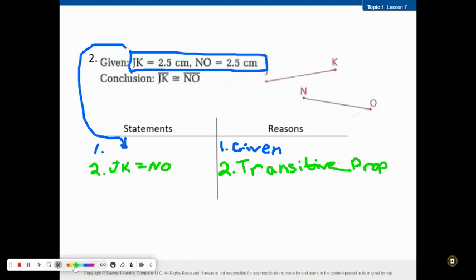Okay, so now that we know that they are equal to each other, we can conclude, oh my gosh, what? That they are what? Congruent. So this will be JK is congruent to NO. And this is by?